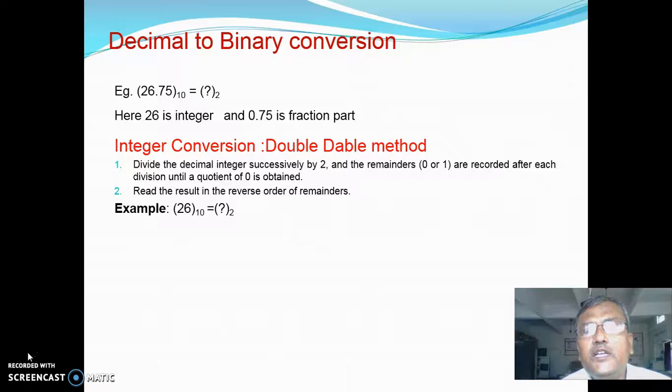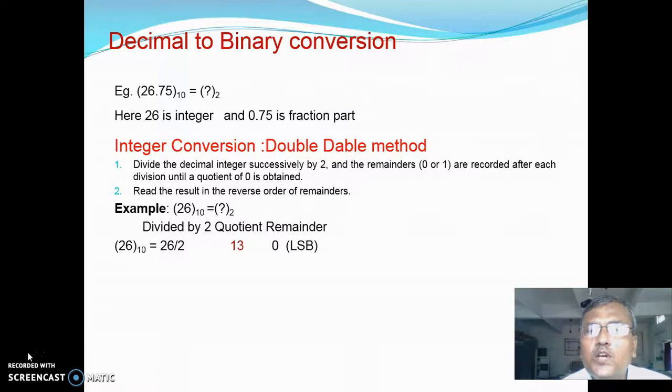For example, we take 26 as an integer number and convert it into binary. We divide 26 by 2 and write down the quotient and the remainder. If we divide 26 by 2, the quotient is 13 and the remainder is 0. Similarly, we take this quotient and divide by 2, then it has a quotient of 6 and the remainder is 1.